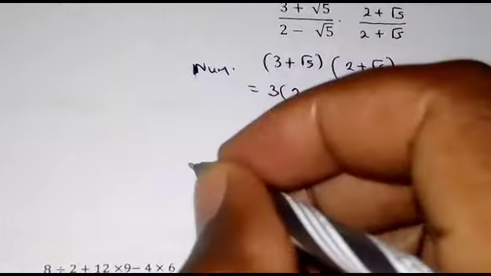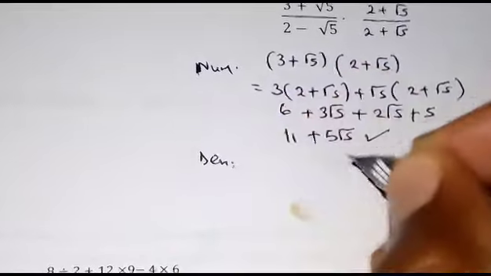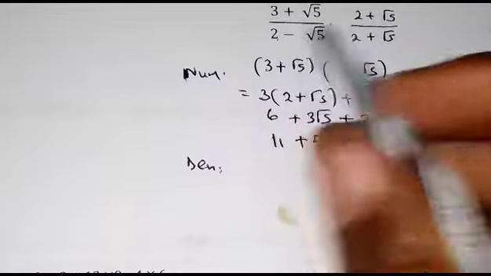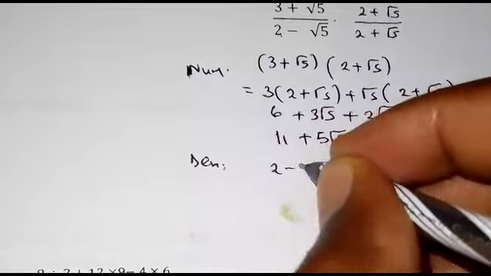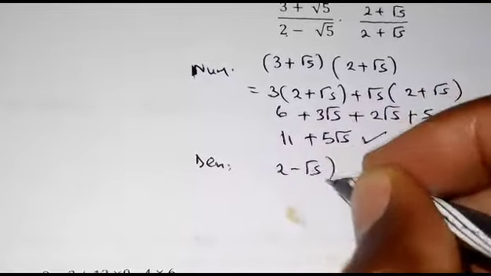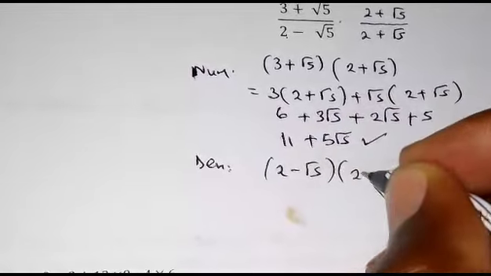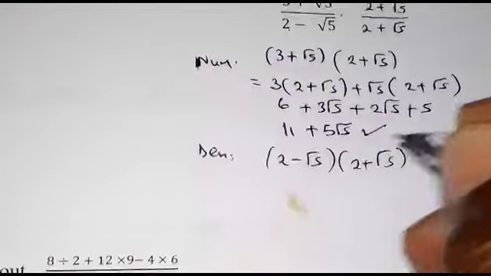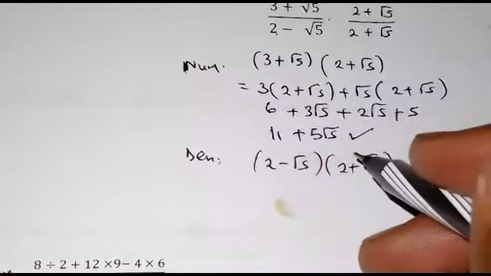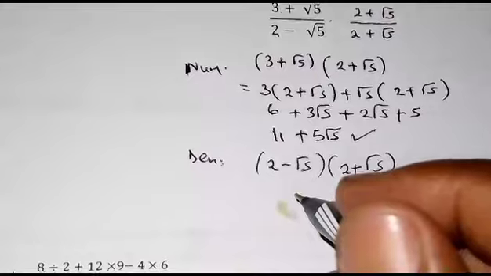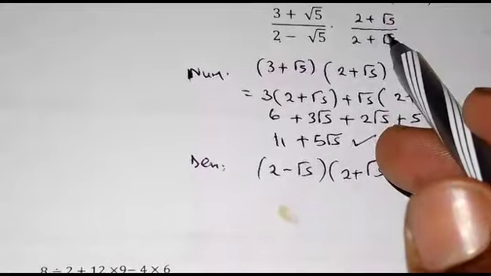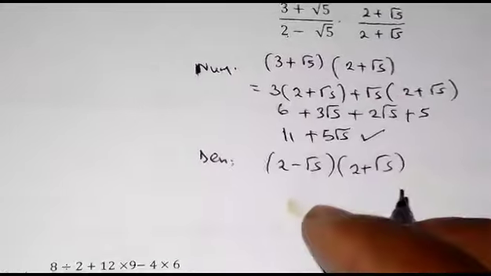Now when it comes to the denominator, we have a difference of squares. So we have 2 minus root 5 and 2 plus root 5. The whole essence of multiplying by the conjugate is to eliminate the root or the surd or the radical.